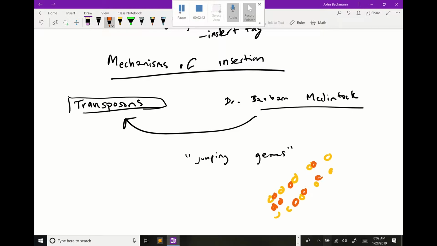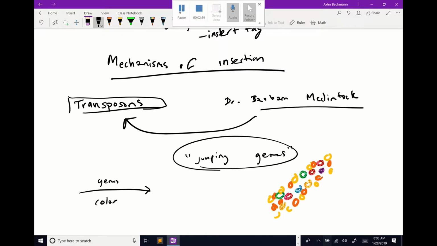In Indian corn, the kernels are different colors. How is that possible? Well, there's genes that regulate color. And there's also jumping genes in that genome. And the jumping genes will sometimes jump into the reading frame of the color genes, breaking them. And now certain colors shut off.